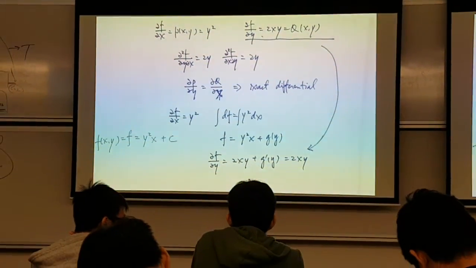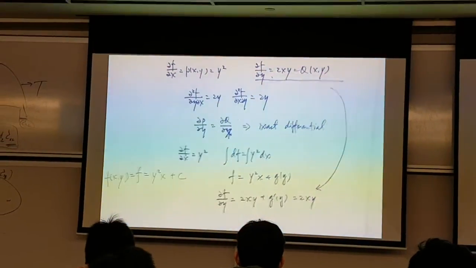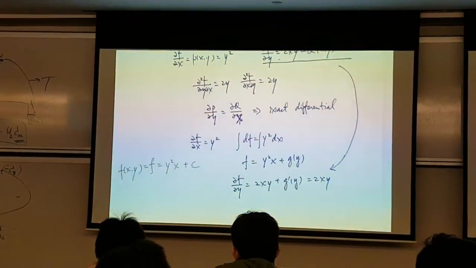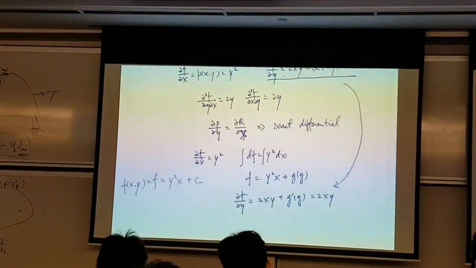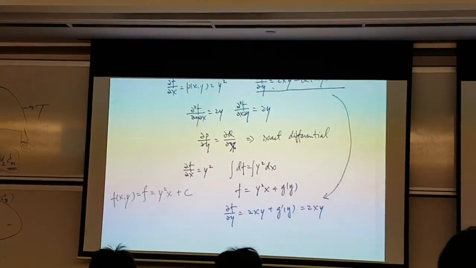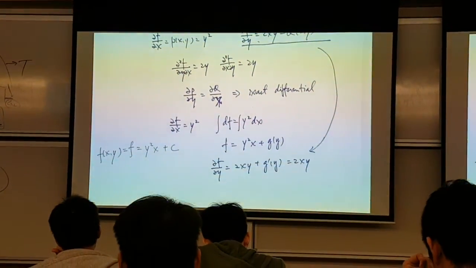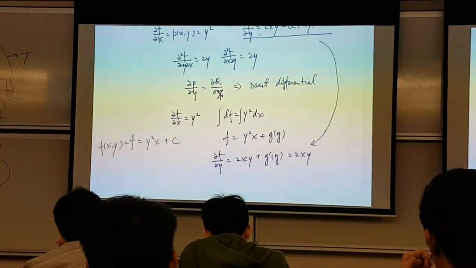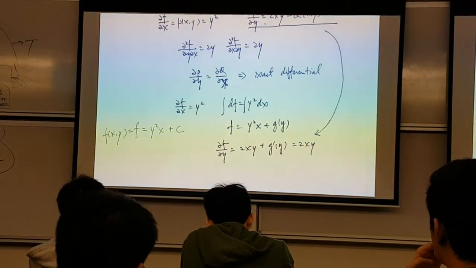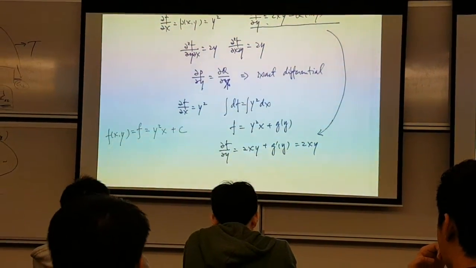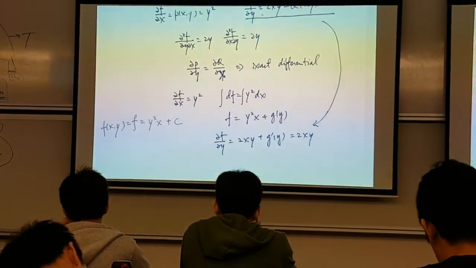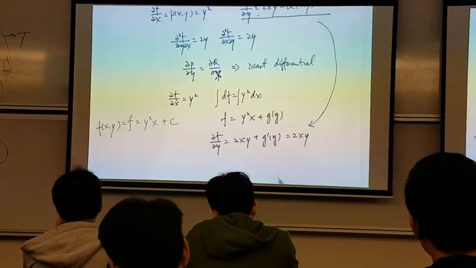So this is your parent function, or you can write it as such. Alright, so we will come back and check to see whether this path independence correlates well with our exact differential and so on. Next thing is, because we are doing this path independent, we are looking at a path from (0, 1) to (1, 2).